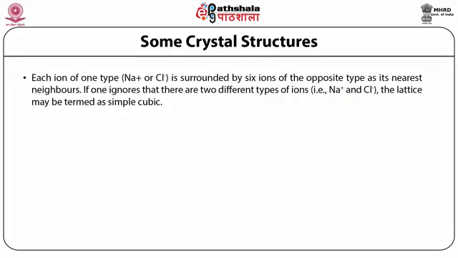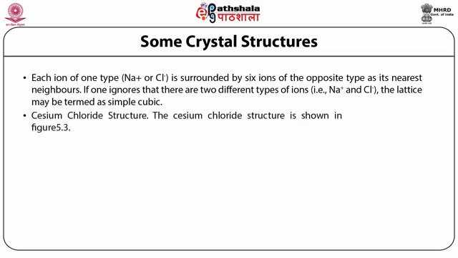Each ion of one type, that is Na+ or Cl-, is surrounded by 6 ions of the opposite type as its nearest neighbors. If one ignores that there are 2 different types of ions, namely Na+ and Cl-, the lattice may be termed as simple cubic.